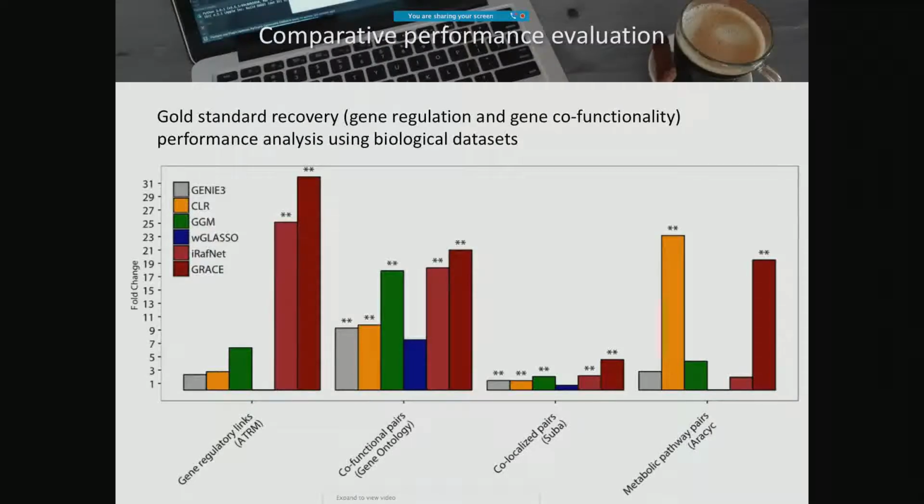We did some tests on accuracy, compared this with other methods, and found that the model performs nicely with respect to the gene regulatory links that it could recover, as well as, and that's the interesting part, gene co-functionalities between target genes, because in our model we can optimize for both.